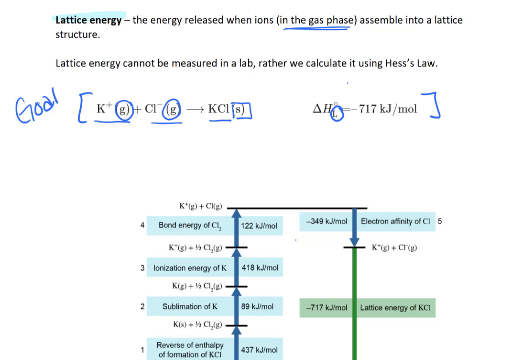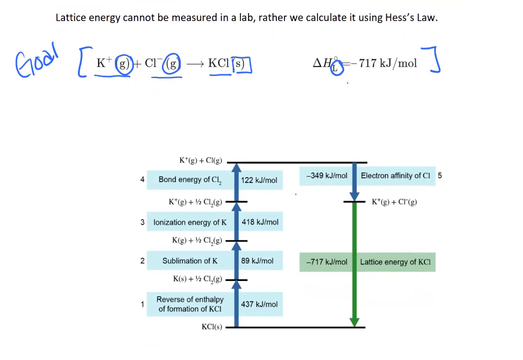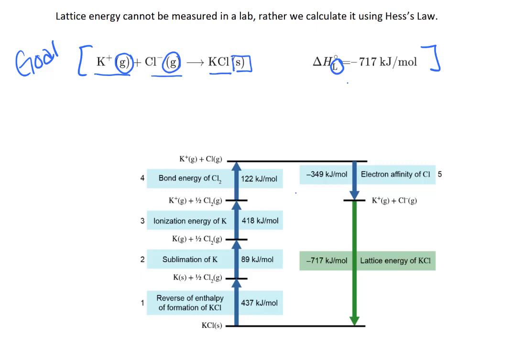So there's a lot of equations that go into calculating this because this is our goal, but it's really not an easy thing to get to right away because what we're really starting with is a completely different equation. The equation that we're starting with is the enthalpy of formation of KCl.